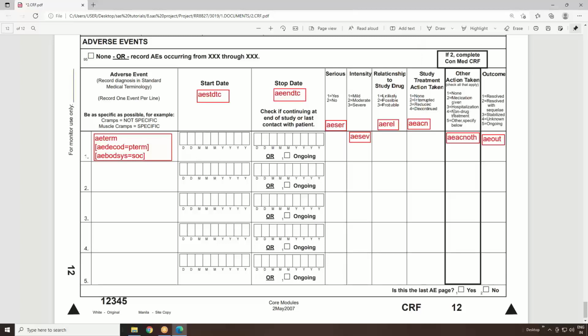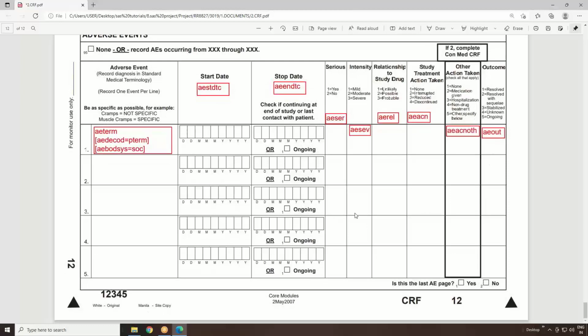So maybe non-drug treatment, like painkillers, or maybe they have applied some Move, or some Amrutanjan balm on the forehead. Those things come under non-drug treatments. Otherwise, specify any below. If none of these is the action taken, what is the other reason? Finally, the outcome is whether the adverse event is resolved or not resolved, or stabilized, unknown, or whether that particular adverse event is still ongoing, and all that information you can get here.